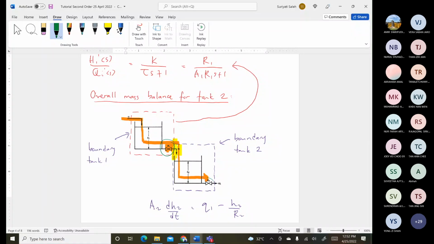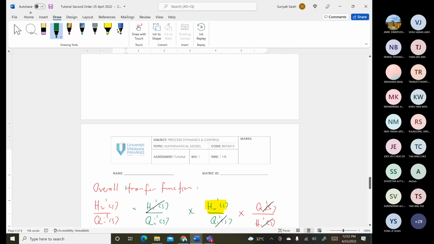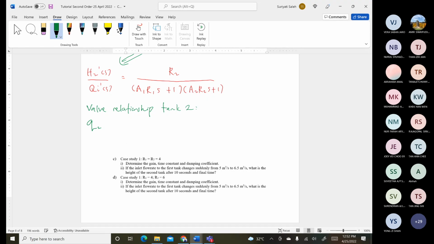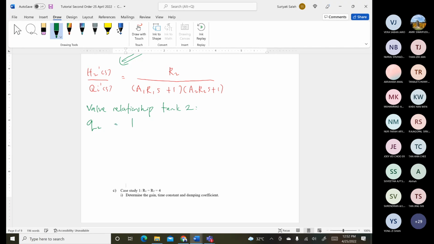Now we want to consider this one. So that one is for tank number 2, where we have Q2 equal to H2 over R2.